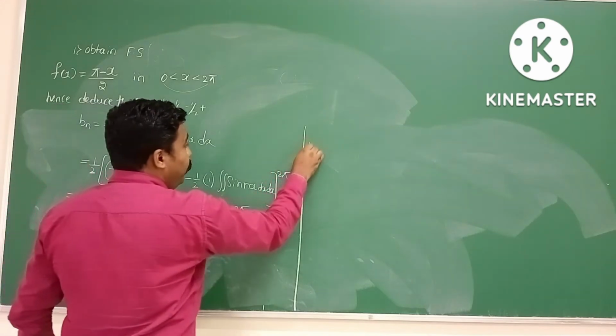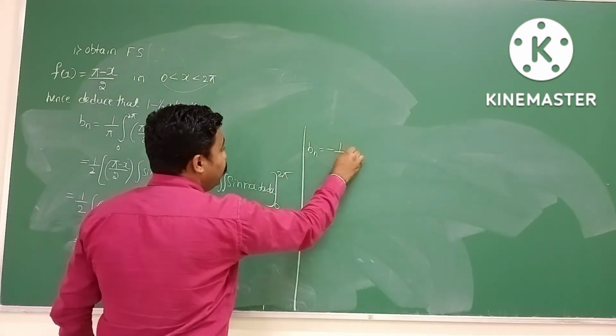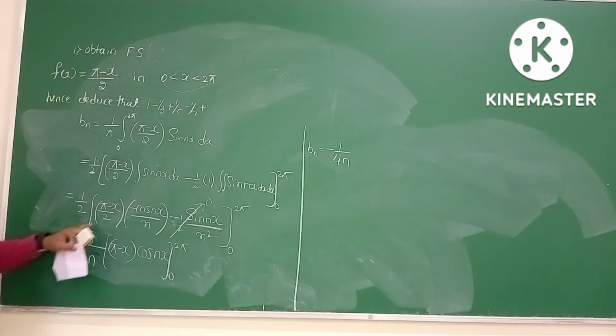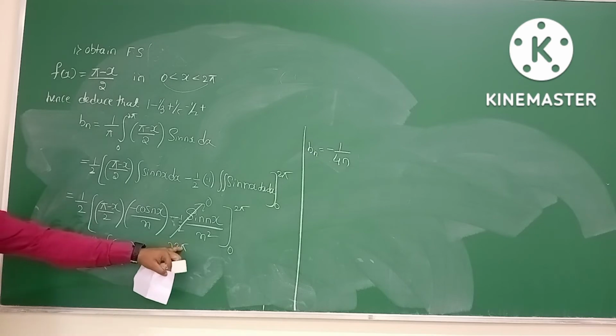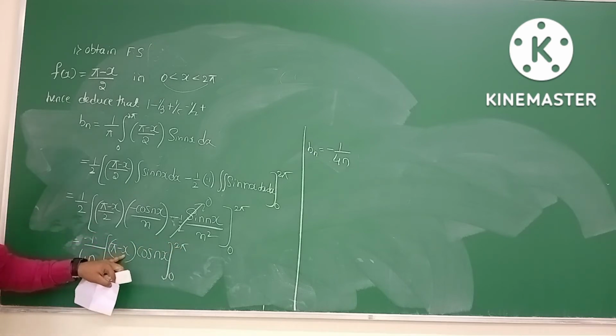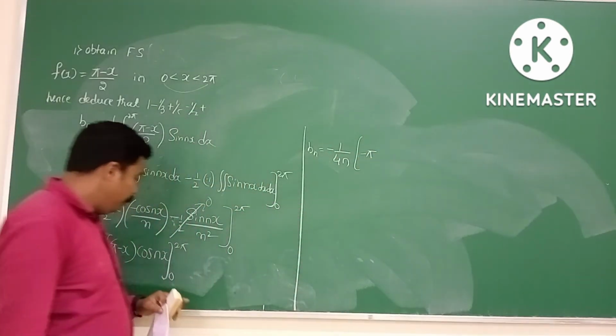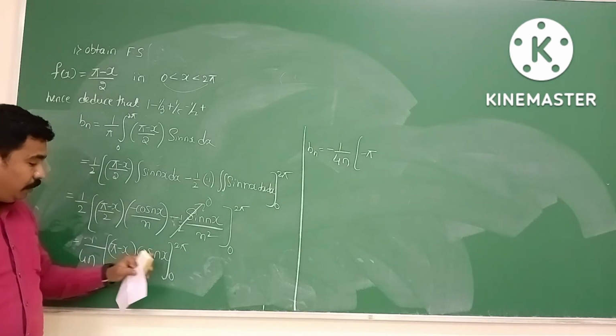So that is bn equal to minus 1 by 4n. Upper limit is 2 pi. If I replace x, pi minus 2 pi is minus pi, I am operating the upper limit for the entire function.